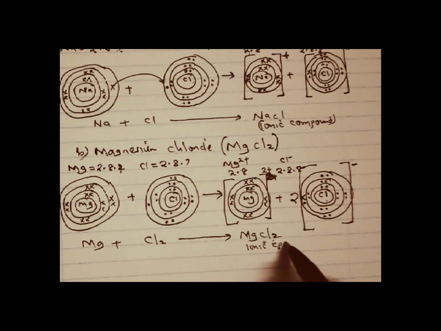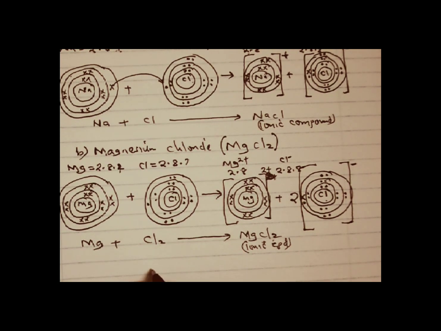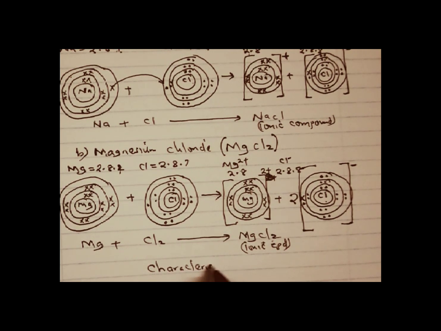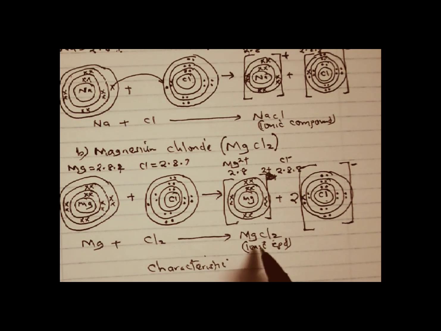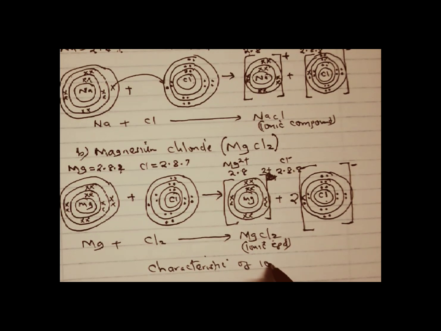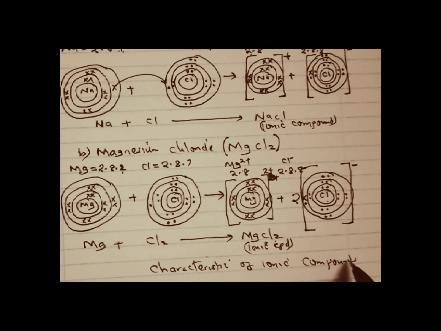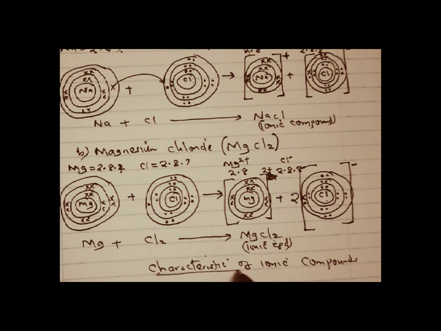And we said ionic compounds are joined by ionic bonds. So let us look at some of the characteristics of ionic compounds.